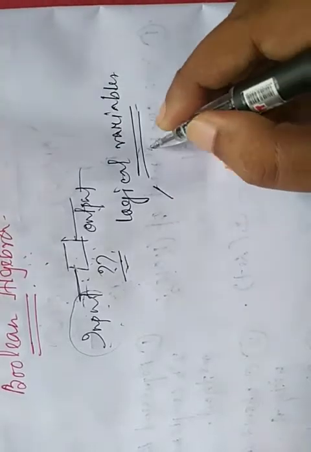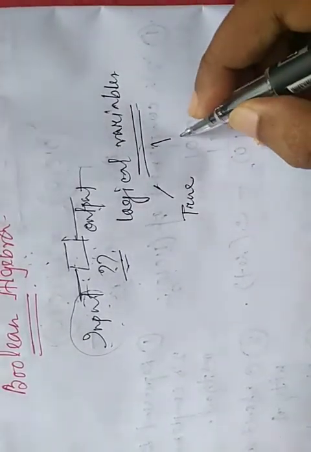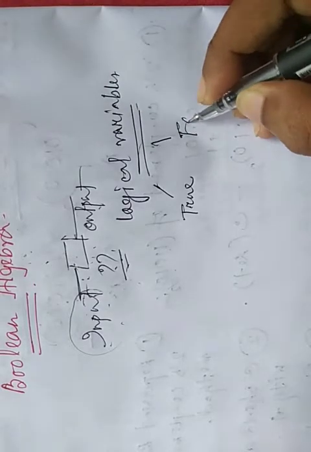Logical variables means there may be one variable, two variables, three variables, that does not matter, but it depends on logical variables. For every logical variable there are two values. Two values means either true or false.